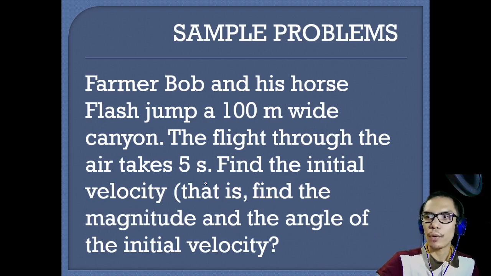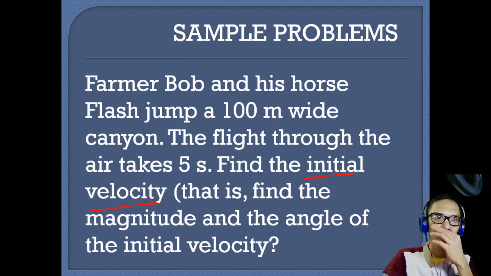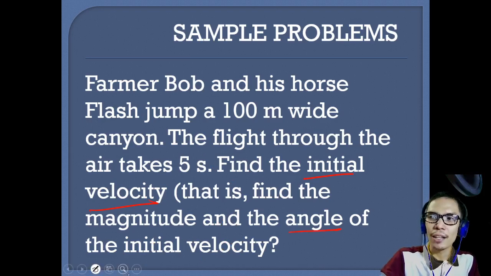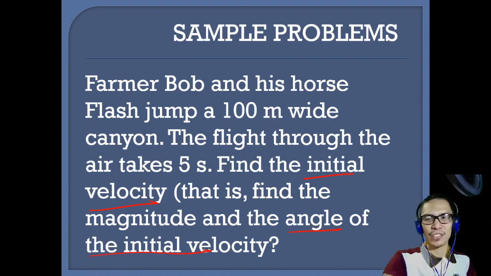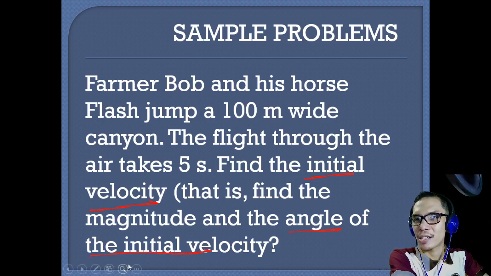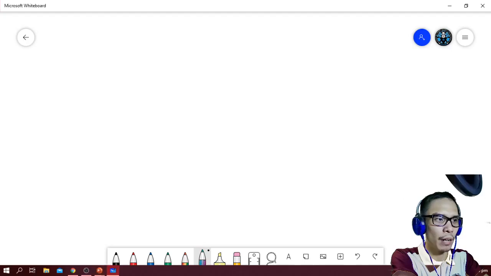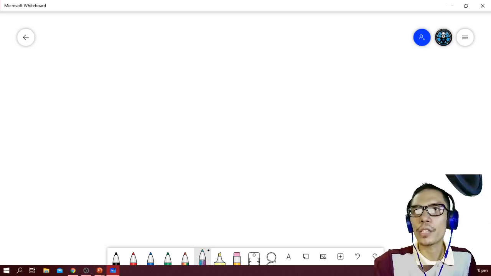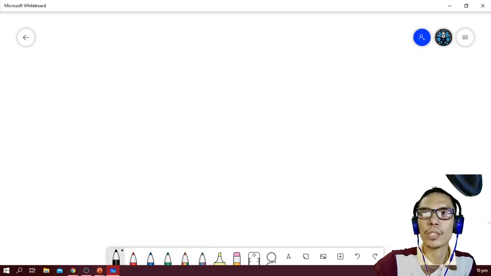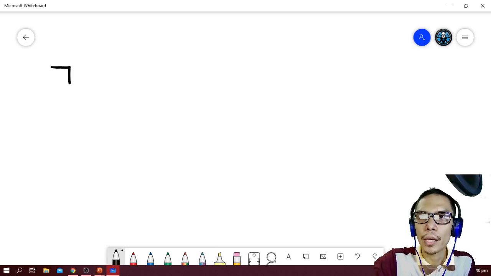So let's get right into it. Okay, so what are we looking for? The initial velocity, and the most important here is the angle of the initial velocity. All right, so let's use the whiteboard. Okay, so this is how it looks like when it is drawn. This is the cliff.